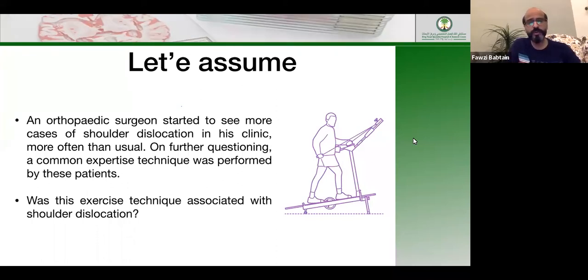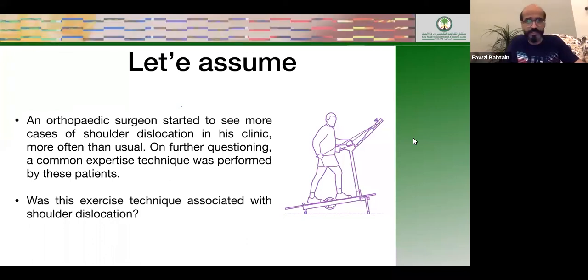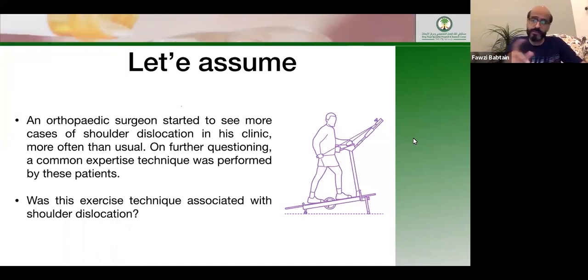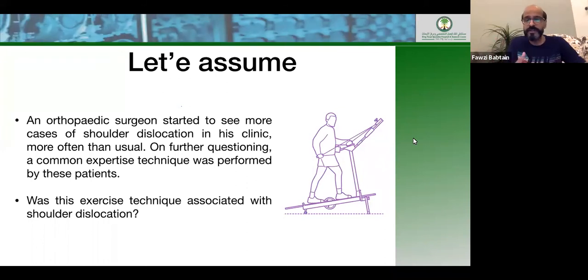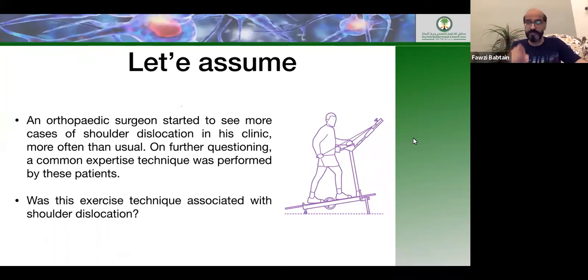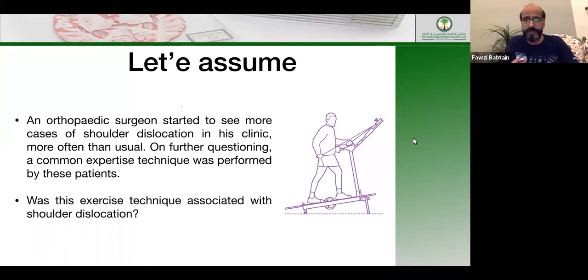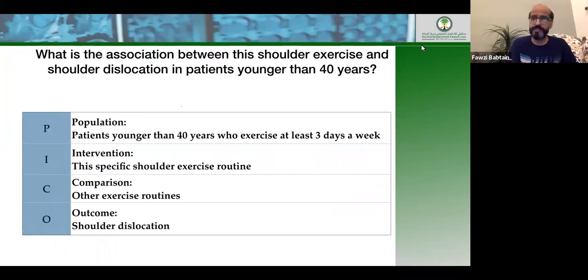They start to really talk about a new technique they are performing in the gym, in exercise. And he was thinking, you know what, is it associated or not? And now this can really come up with his burning research question. Was that particular exercise technique associated with shoulder dislocation? And now this is the research question.